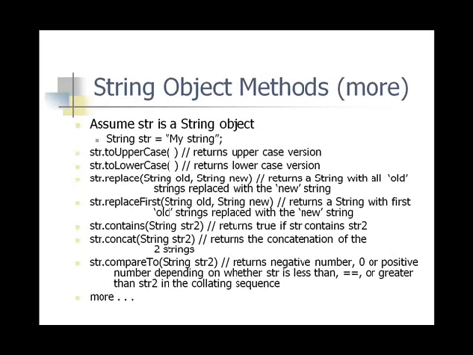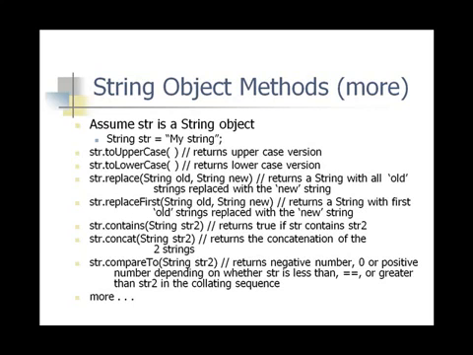We can replace the first occurrence of a string in another string, etc. There is a method contains to return a true or false if one string contains another. You can also use indexOf for a similar purpose, but it returns a number instead of a boolean. You can concatenate two strings.